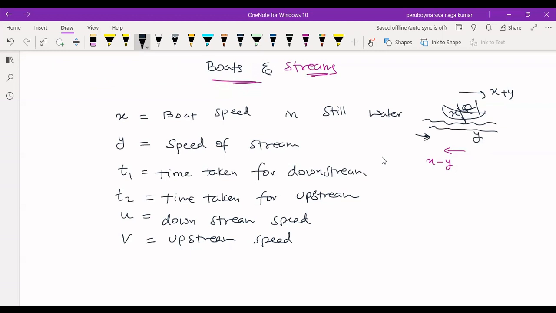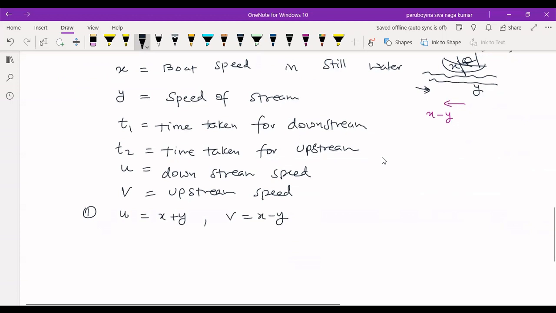Okay. Now write down the formulas. First formula, U is equal to x plus y and V is equal to x minus y. Now speed of the boat in still water is (u plus v) by 2.